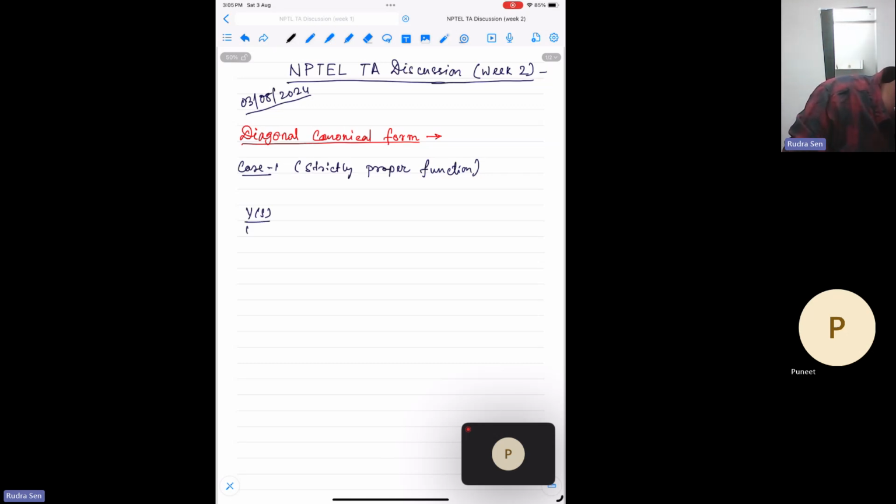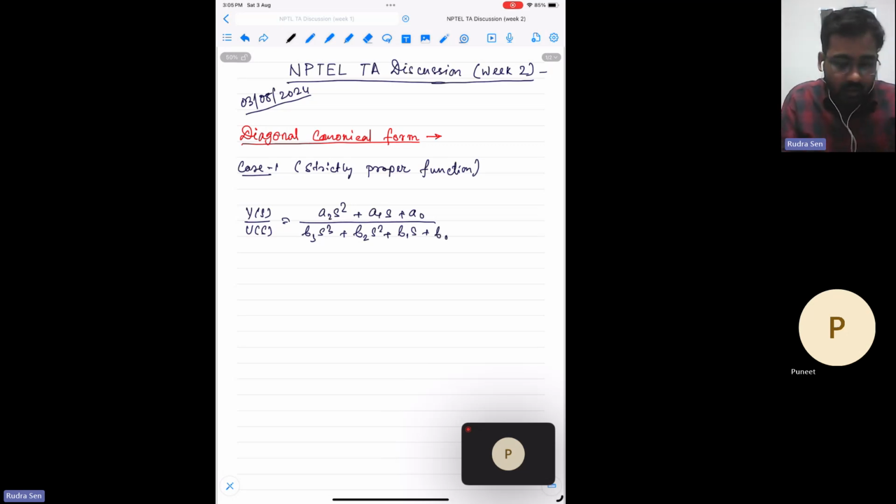Let's say this is a transfer function: a2 s square plus a1 s plus a naught, divided by b3 s cube plus b2 s square plus b1 s plus b0.